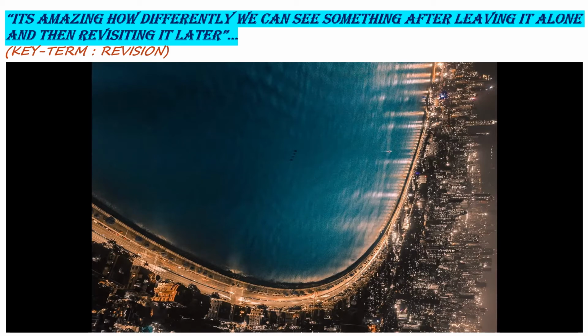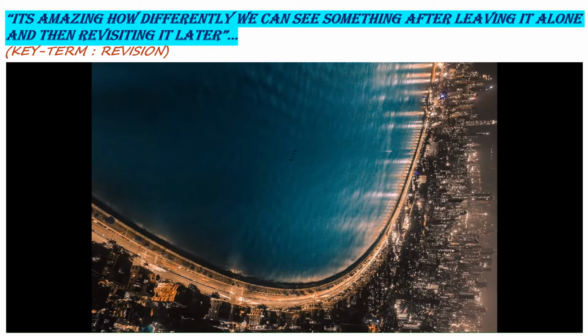Okay, so let us take a look at this beautiful picture. Fine. So the picture may be the same, the place may be the same, but when we visit it again, then something new is felt by us, or some new thing we can see.